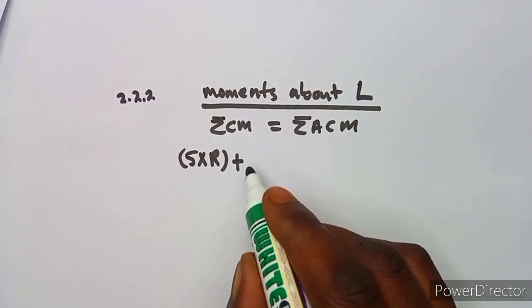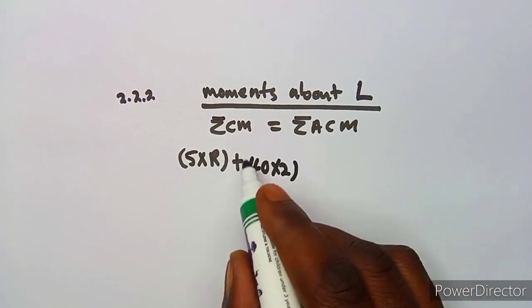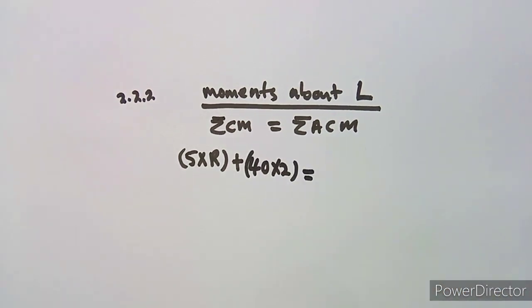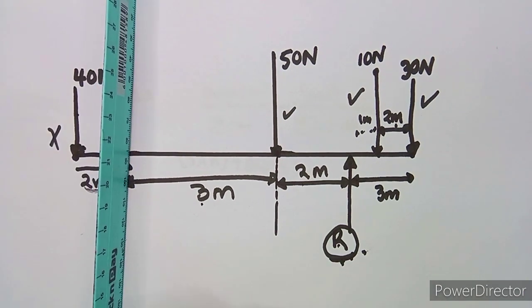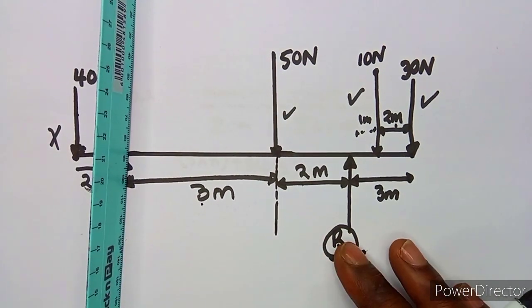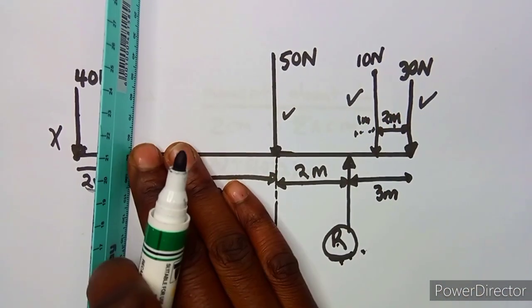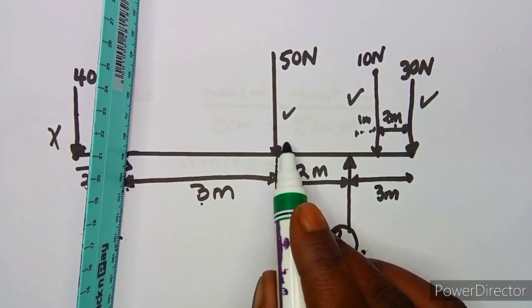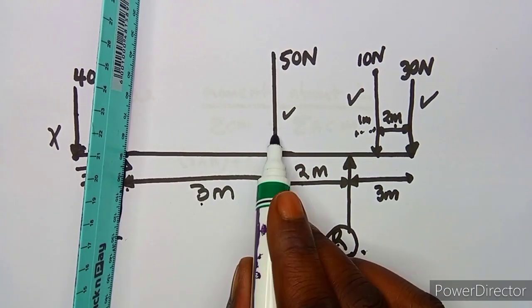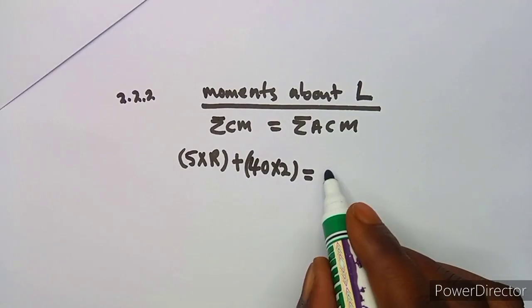Okay, so we have 40 and 2, that's 40 by 2 like this, which is equal to these other forces. Now these other moments, they are on the same side of R, but they are moving downwards, which means they are opposite, so you're going to take these all together, you combine them, so it's a 50 back to L. So there's a distance of 3 meters, 50 to L, so it's 50 times 3.